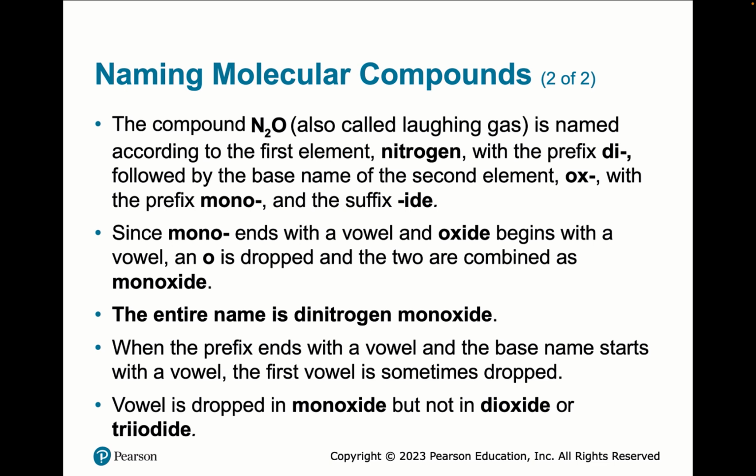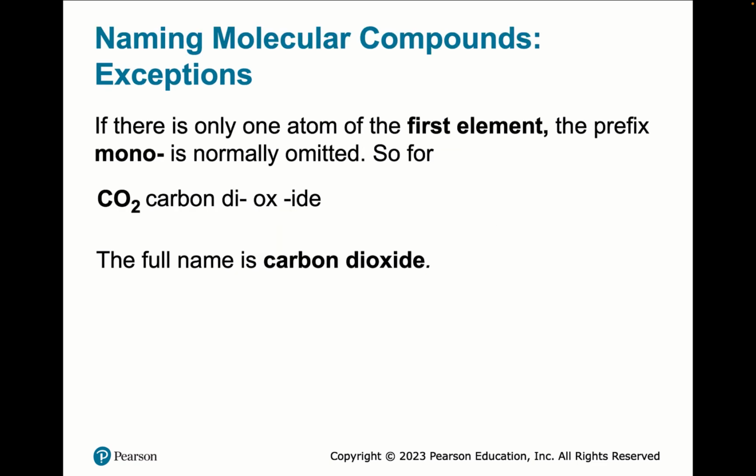And there's 1 of them, so we use mono: dinitrogen monoxide. Here for CO2, we call it carbon dioxide. We don't say monocarbon dioxide. We drop the mono if the first element is 1, so it's just good old carbon dioxide.